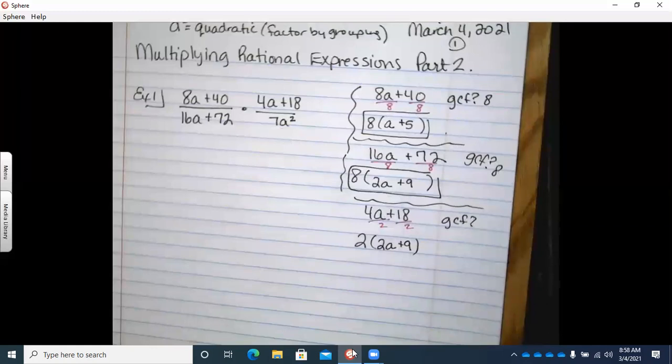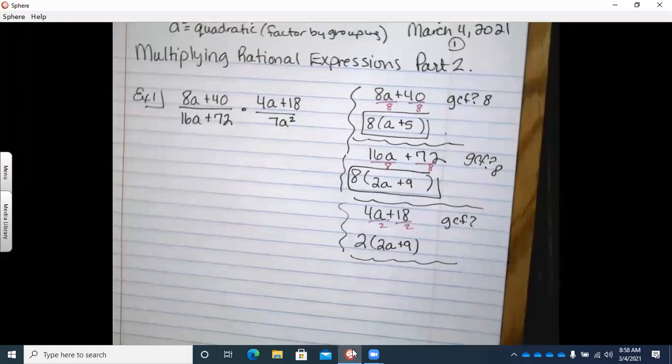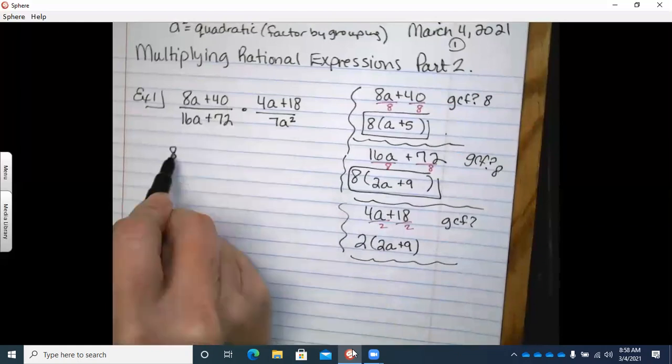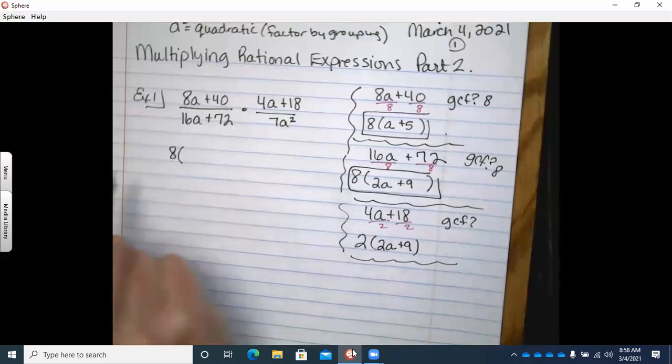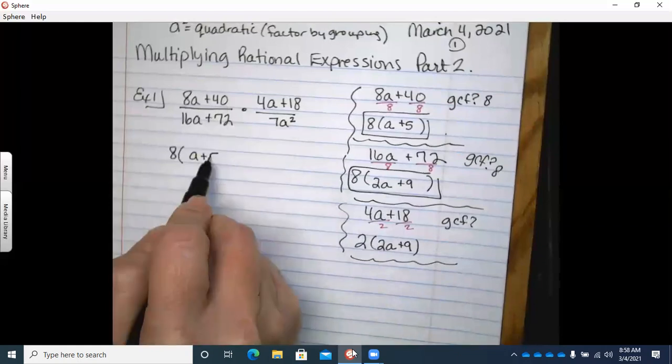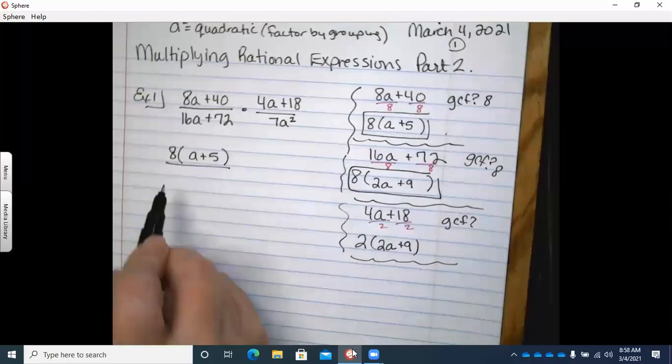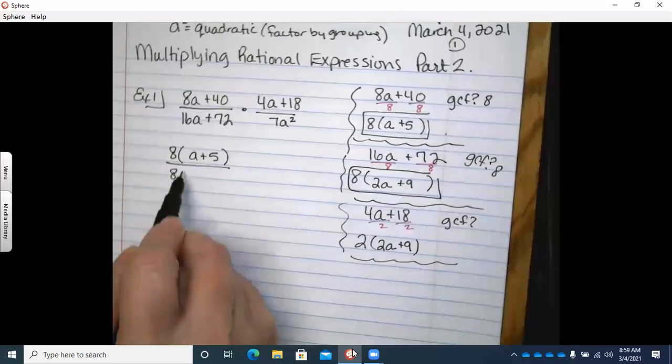So now I'm gonna rewrite my problem, and any numerator or denominator that I factored, I'm gonna put in factored form. So instead of 8a plus 40, I'm going to put 8 open parentheses a plus 5, not 8 plus 5, divided by 16a plus 72, factored into 8 times 2a plus 9.